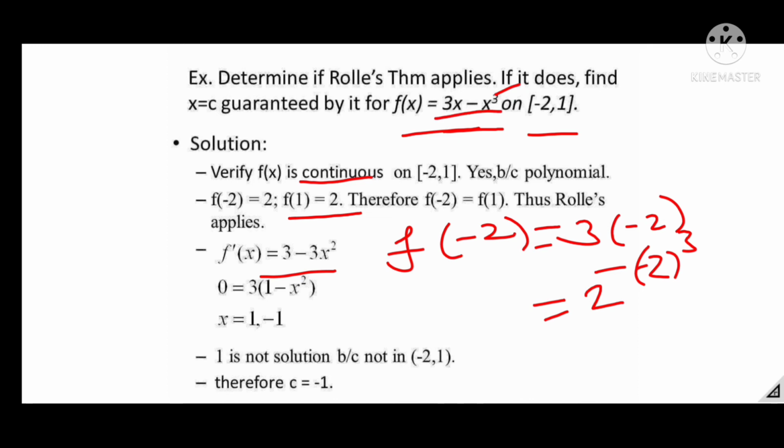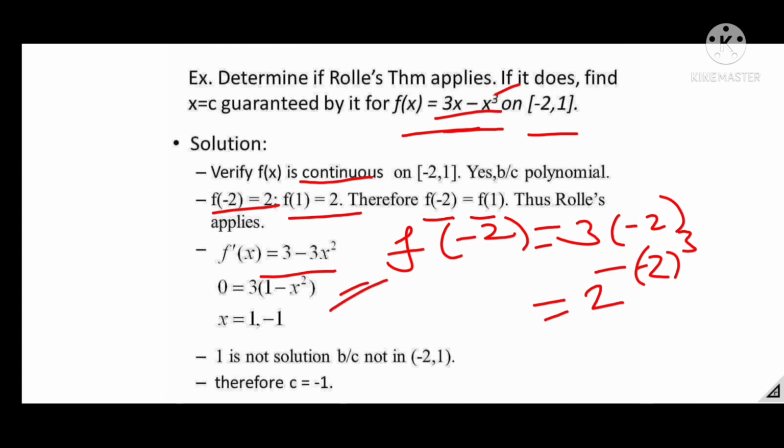So f(-2) is equal to 2 and f(1) is equal to 2, that is f(-2) is equal to f(1). Thus all three conditions of Rolle's theorem hold. Now there exists a point such that f'(x) is equal to 0. Now 1 minus x square is equal to 0.